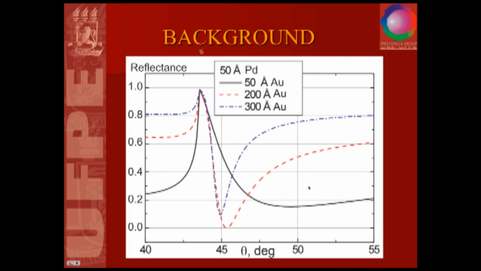As you add a layer of gold and increase its thickness, you start to have a resonance that resembles the gold resonance. It becomes sharper and sharper. So it would be conceivable in principle that there might be an optimum thickness of gold that, just looking at the resonance curves, gives better sensitivity relative to a single palladium layer.